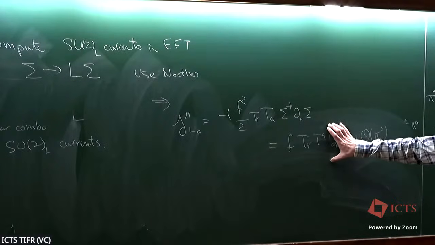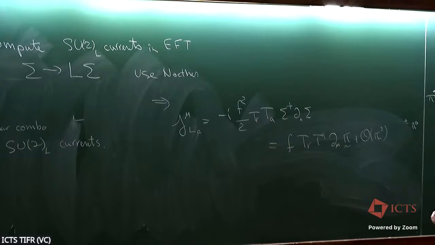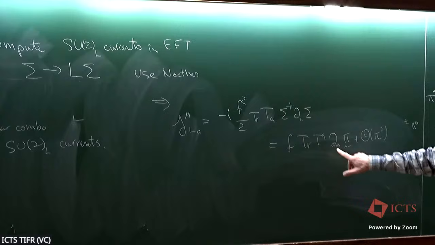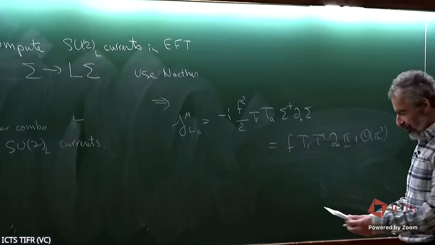I know how to take the matrix element of this operator between the vacuum and the pion because there's a pion field in it. And it will give me a factor of the momentum.